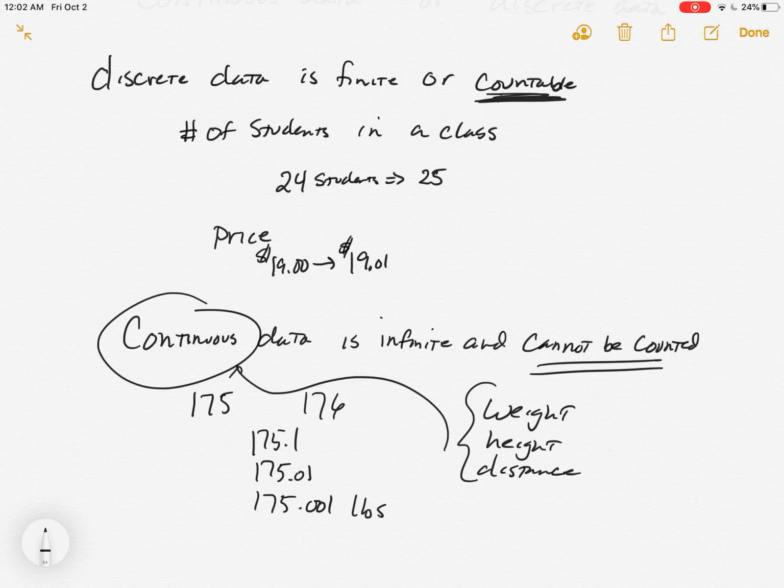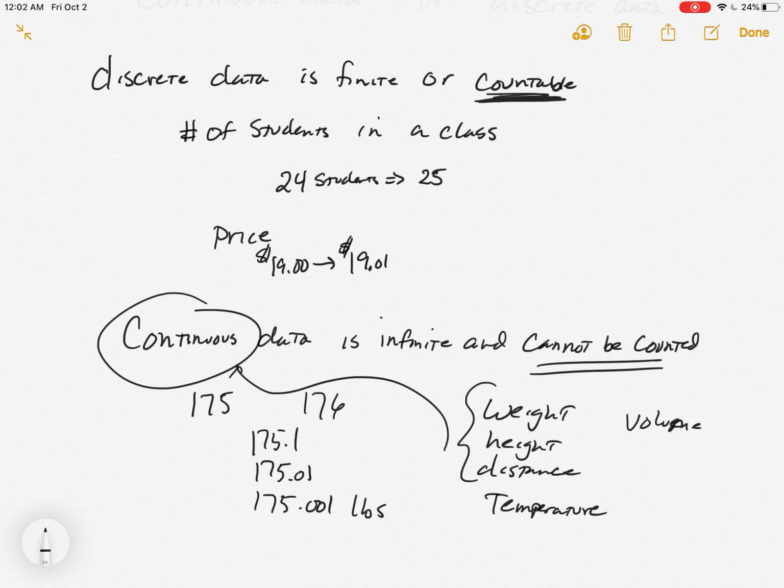With discrete data, you can tell me the very next one, but the next weight after 175 can be anything. You give me a number and I'll give you something in between, and we can play that game forever. So temperature is another one that is continuous because it can be measured out to the smallest degree. Volume is continuous. So lots of continuous things.